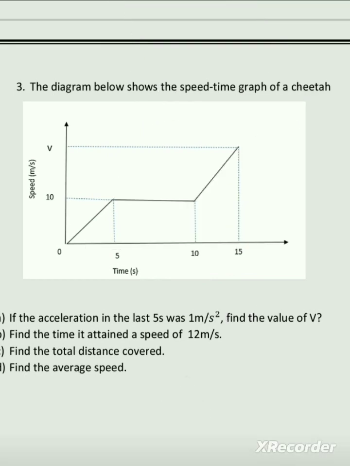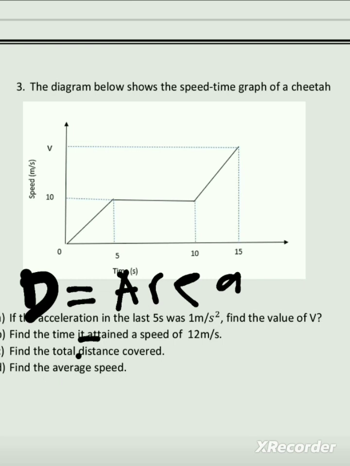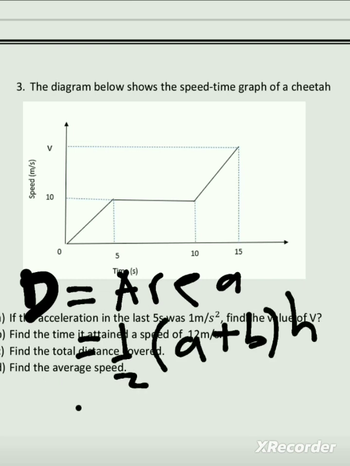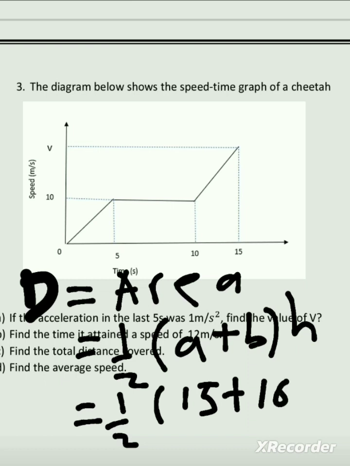So again, we write distance is equal to area. So distance is equal to half (A plus B) H. So it's half, A we said it was 15, plus B, we said it was 10, and H we said it was 5.